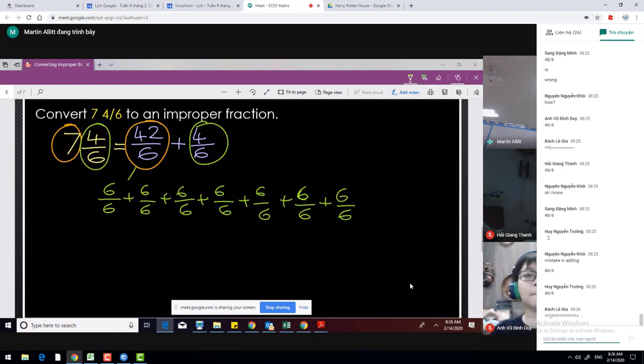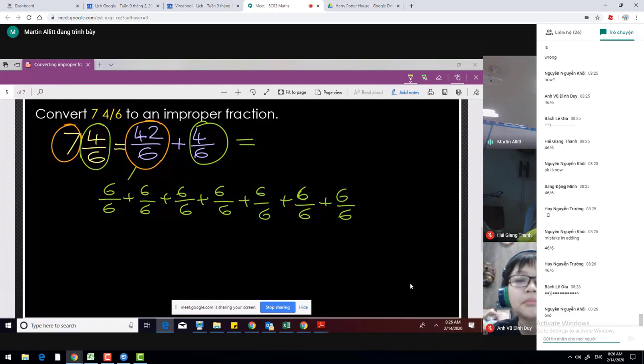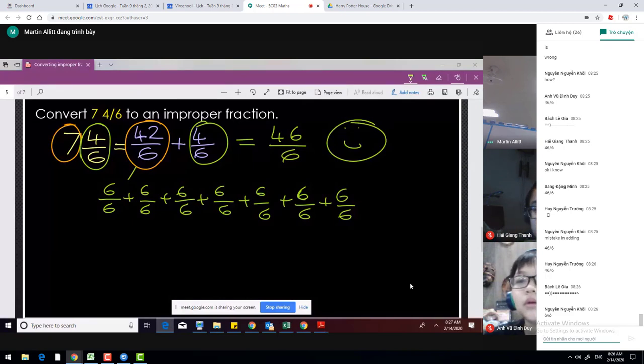Okay, so each of these is equal to 1, and we have 7 of them, and this is 42/6. I hope that's not too confusing. Let's find out. So I haven't finished the question yet, have I? 42/6 and 4/6. I just add the top numbers. So there I have got 46/6 and a happy face.